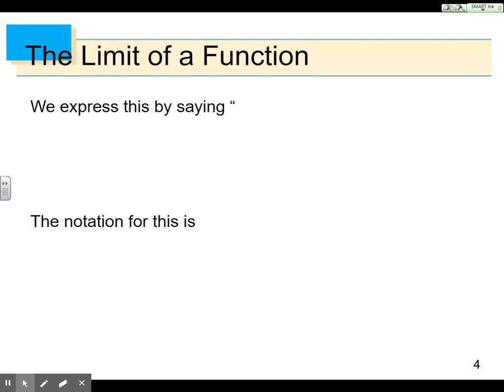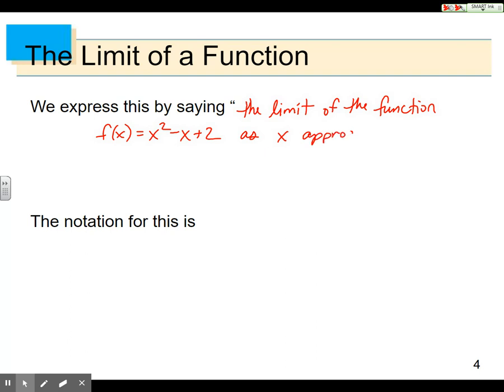So we express this by saying, we say that the limit of the function f of x is equal to x squared minus x plus 2 as x approaches 2 is equal to 4.